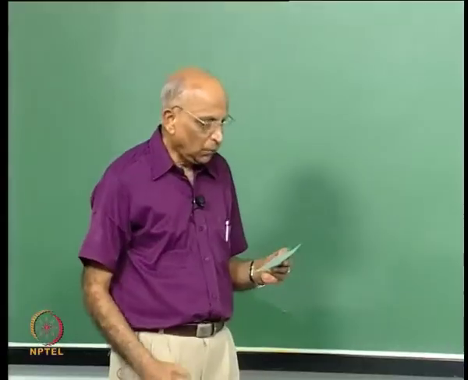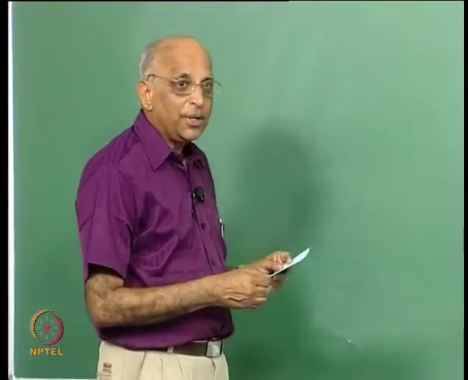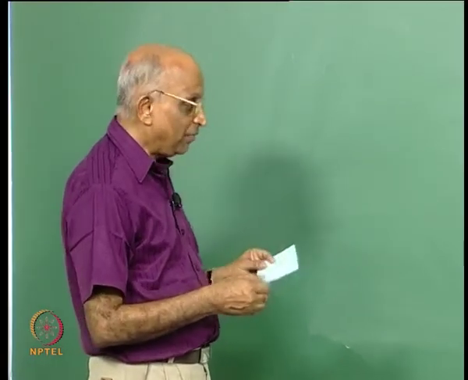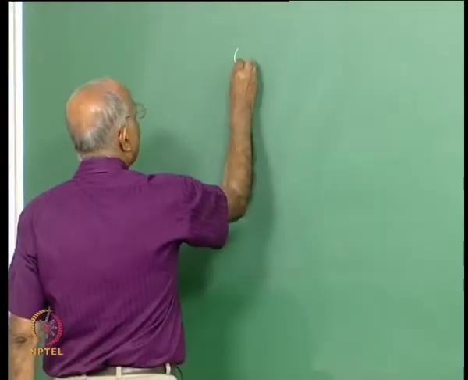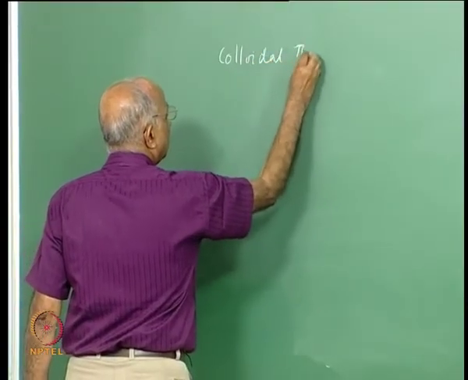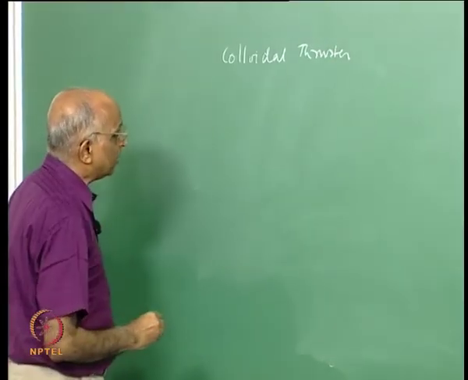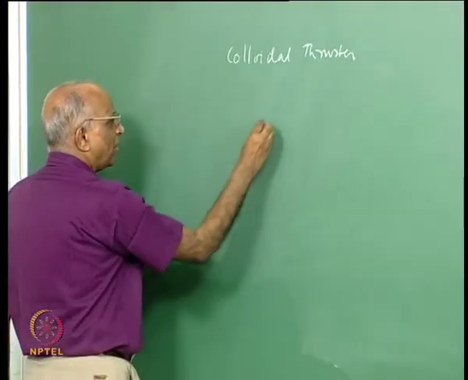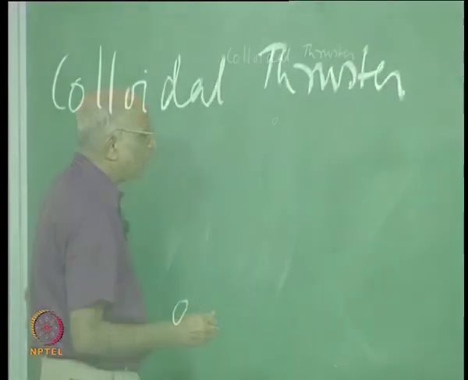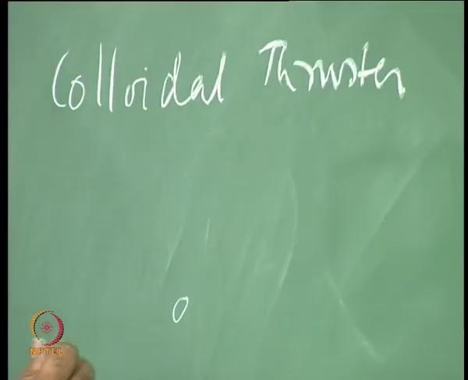In fact, you have this rocket pioneer by the name Yuri Kondratyuk, who developed something known as a colloidal thruster, which again works on the electrostatic principle. Here you have a colloid. What is a colloid? You could have something like, let us say, fine droplets which are scattered.